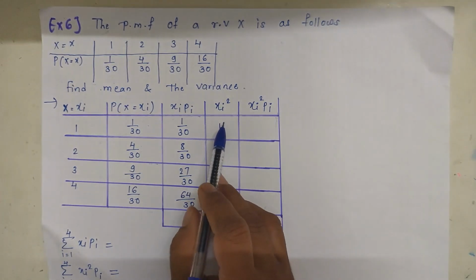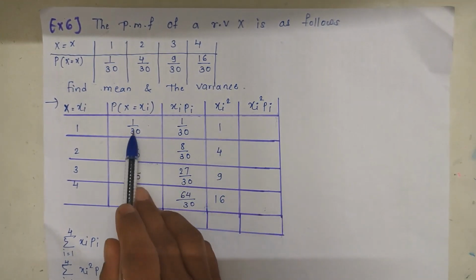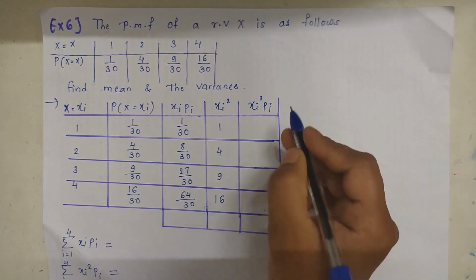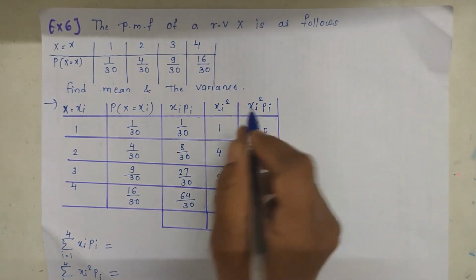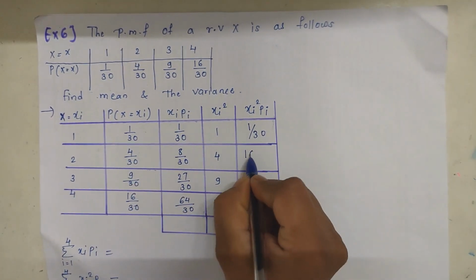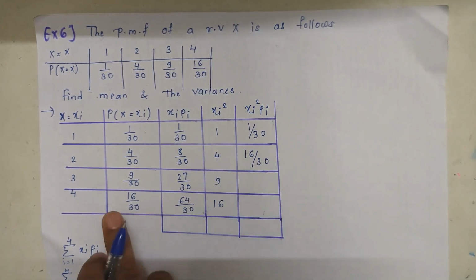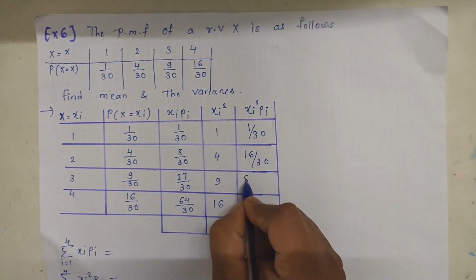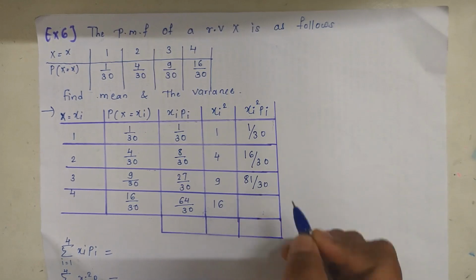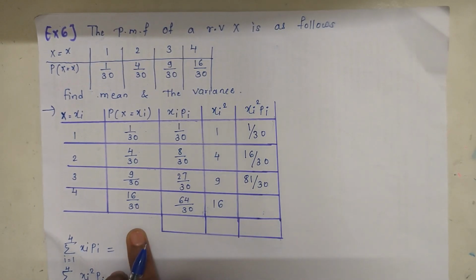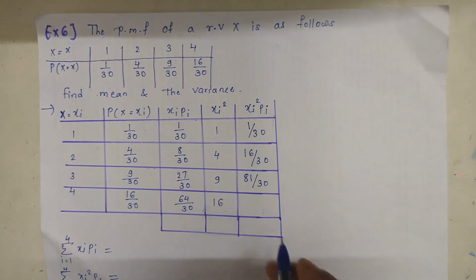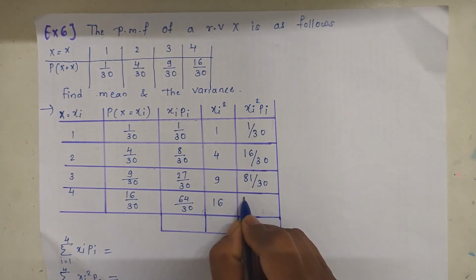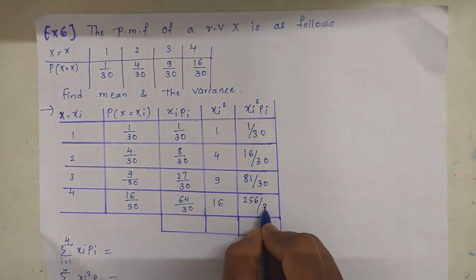So the product of the second and fourth column is 1 by 30 into 1, 1 by 30, 4 by 30 into 4, 16 by 30, 9 by 30 into 9, 81 by 30, and 16 by 30 into 16, 16 square, 256 by 30.